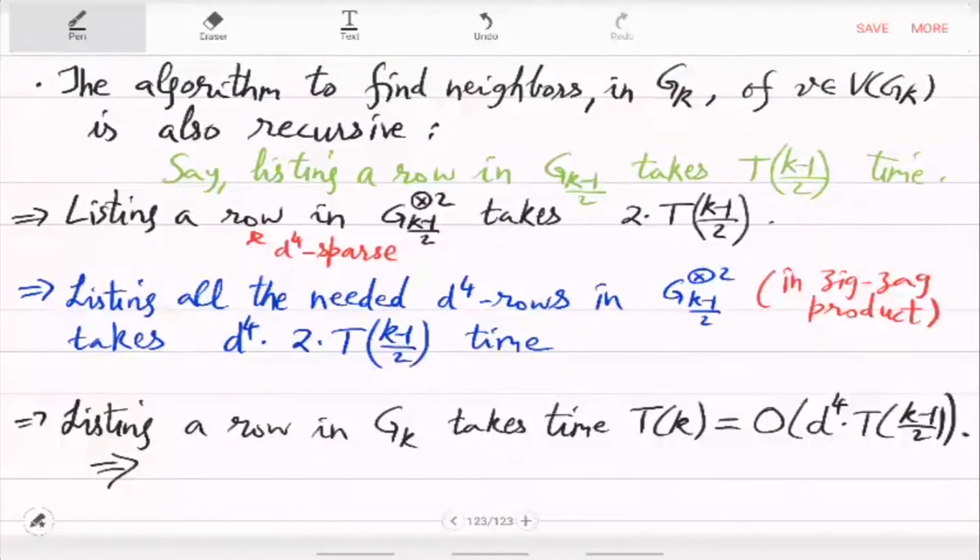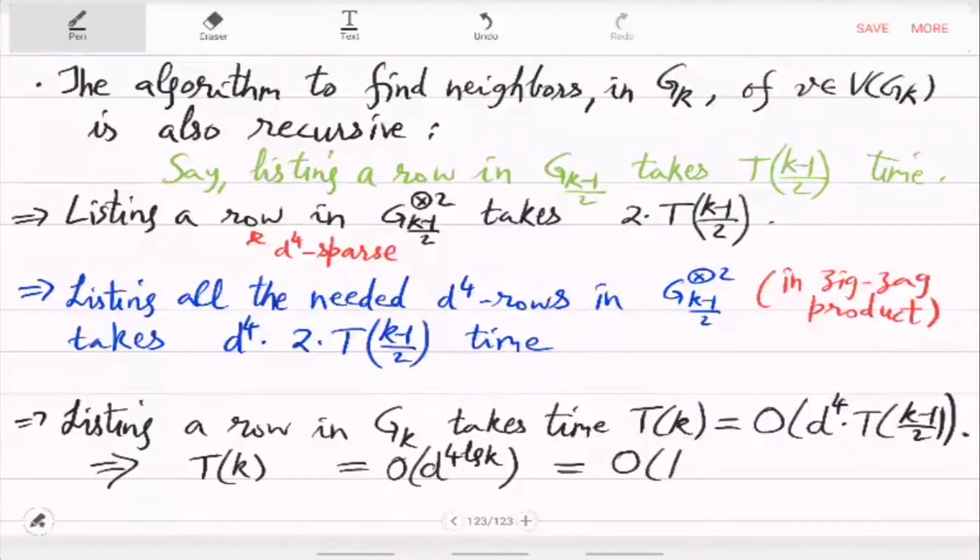So you will get that tk is equal to d raised to 4 log k times some constant. Okay, that's the time complexity, which is the same as k raised to 4 log d.